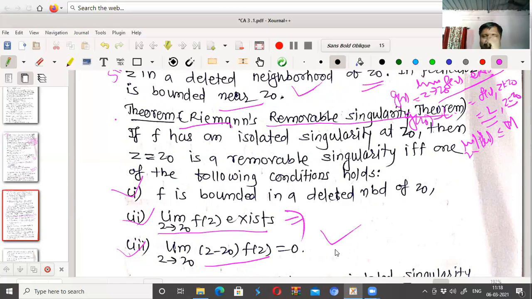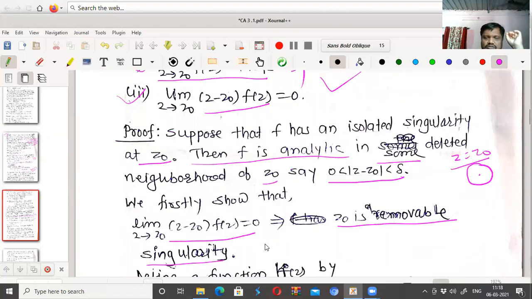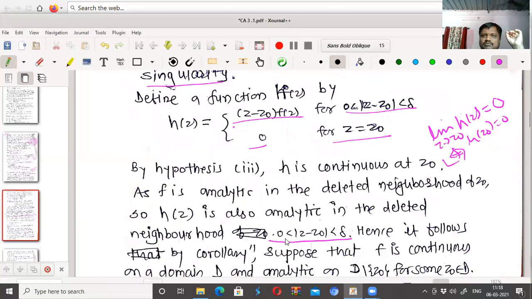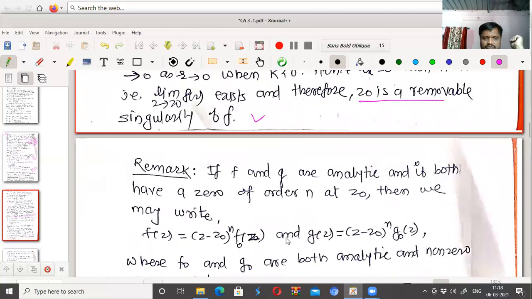In other words, if z0 is an isolated singularity and f is bounded in a deleted neighborhood of z0, then it is removable. Similarly, if z0 is an isolated singularity and limit of f of z exists, then it is called a removable singularity. And if z0 is an isolated singularity and this condition is satisfied, then z0 is a removable singularity of that function.